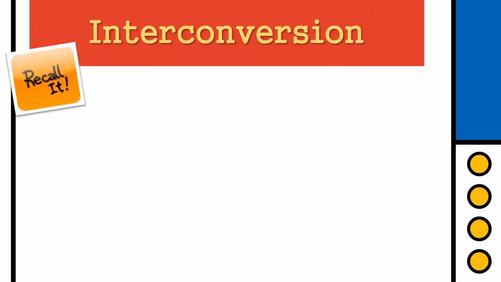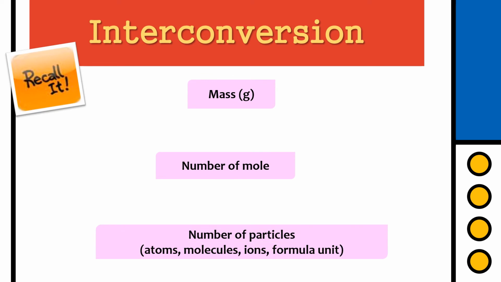Okay, so this is the interconversion that you are already familiar with from Form 4 and Form 5, from secondary school. Where we recall, we have mass, number of mole and number of particle. We want to convert. From mass to number of mole, how do we do it? From number of mole to number of particle, how do we do it? And then vice versa.